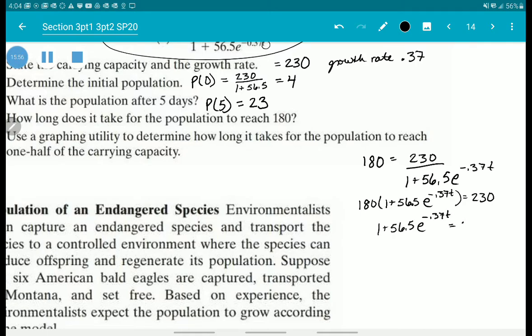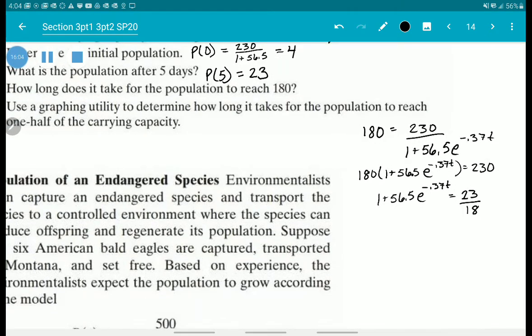Let's divide by 180. 230 divided by 180 is 23 over 18. Subtract 1. Subtract 1, I'm going to get 5 over 18.